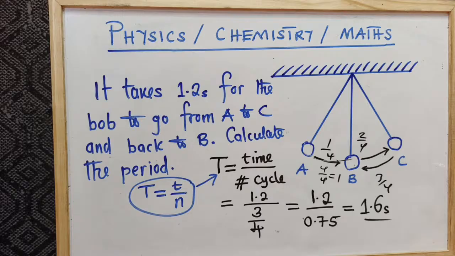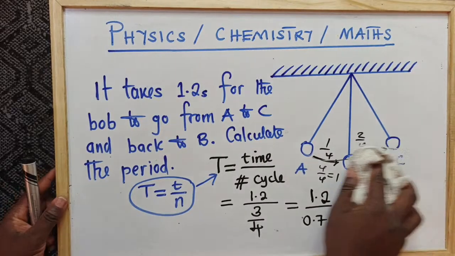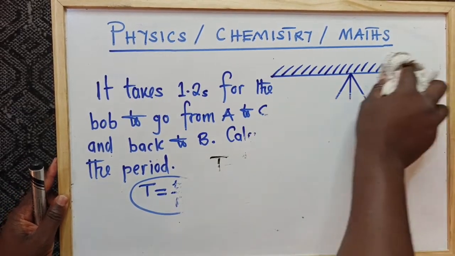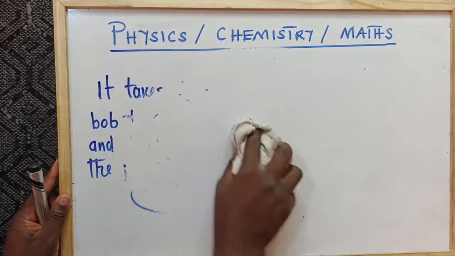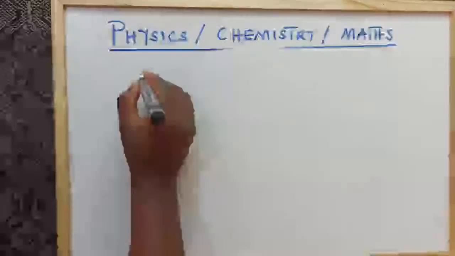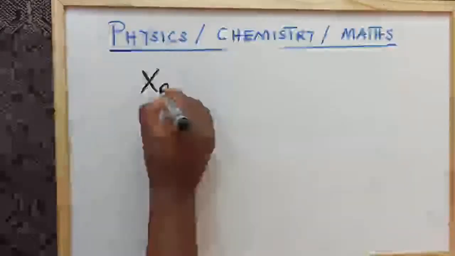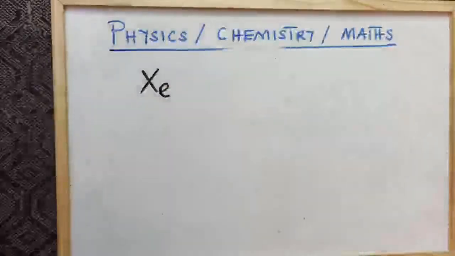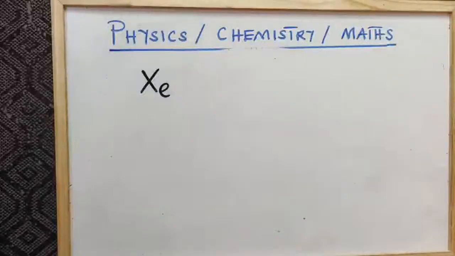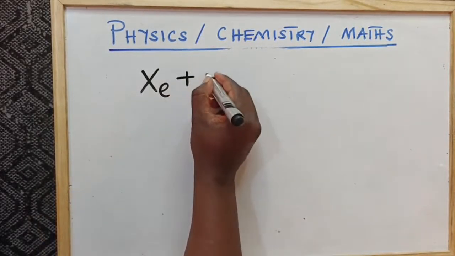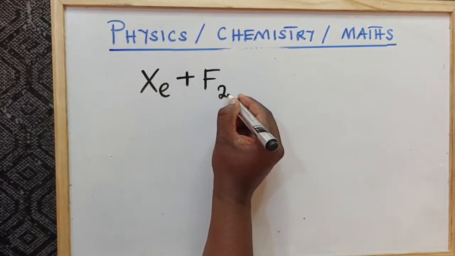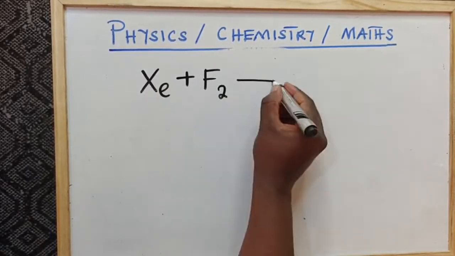All right, so let's go to balancing chemical equations. We try to remind each other how this is done, balancing chemical equations, before we go to the mathematics questions. They've given you the chemical equation, and then here they've said plus F subscript 2.